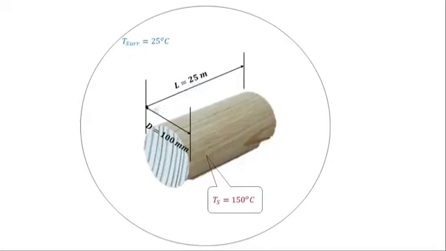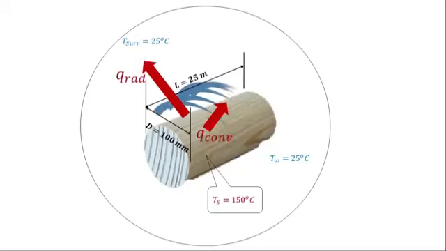Air is flowing over it at a temperature of T infinity equal to 25 degrees centigrade. So, heat will transfer from the pipe to the surroundings in the form of radiation, and heat will transfer from the pipe to the air in the form of convection. So, at the same time, two modes of heat transfer will occur, which are radiation and convection.